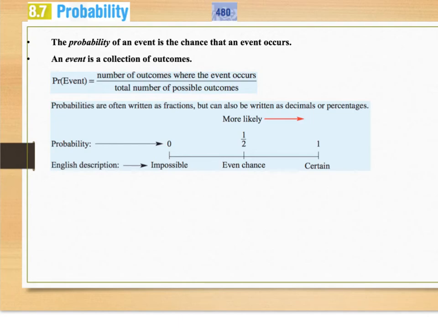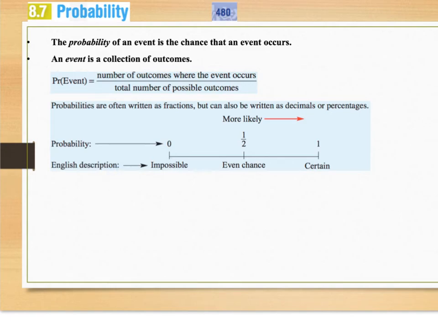Now, the probability is often written as a fraction, but can also be written as a decimal or a percentage. Now, I just showed you it was 1 over 6. Now, why can our probability never be more than 1 or less than 0? Remember, we have this probability of an event, which is the number of outcomes.